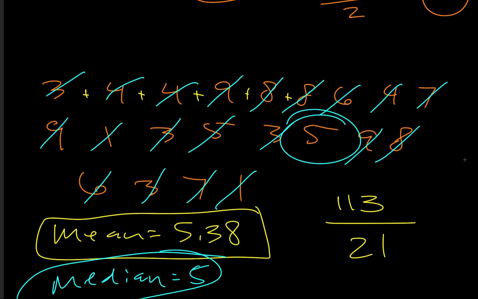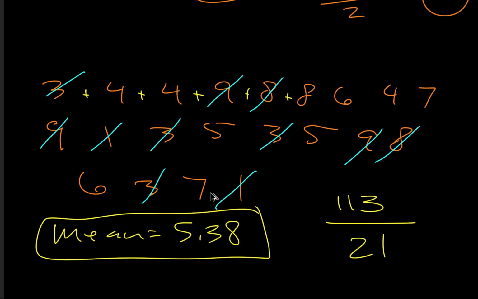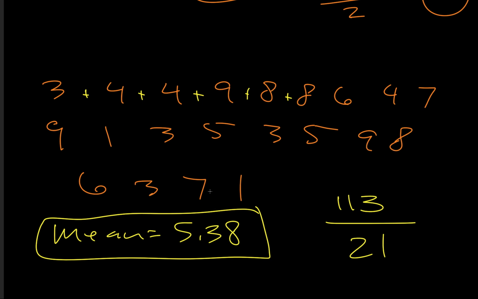Okay, and then the last one is mode, and so let's see, we gotta just kind of count. Sorry, this is hard to see because I crossed out everything, maybe I can get rid of all that. There we go. Alright, so median equals 5, and now we will look for the mode.